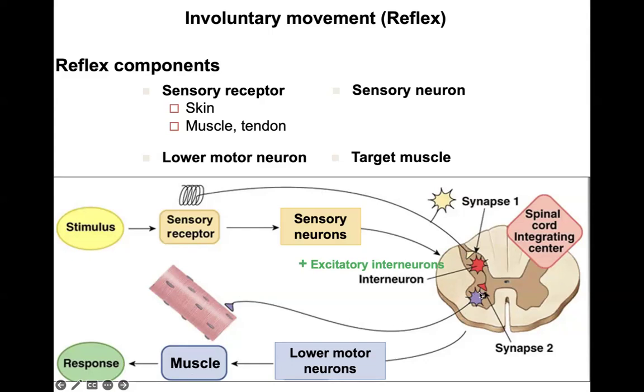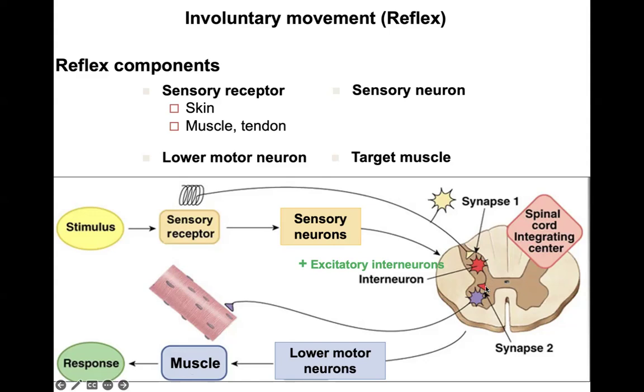In between the two, between sensory and motor neurons, you can have neurons called interneurons. And you can have one interneuron or two interneurons in between, depending. This diagram is just a simple diagram showing just one interneuron in this case.